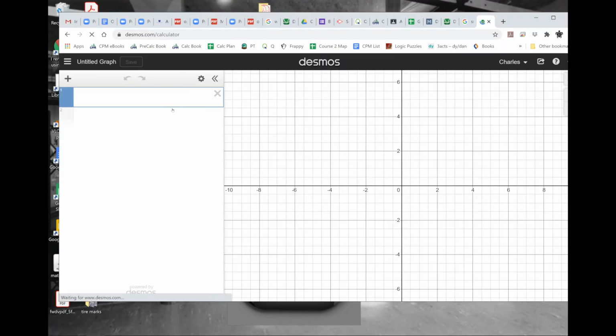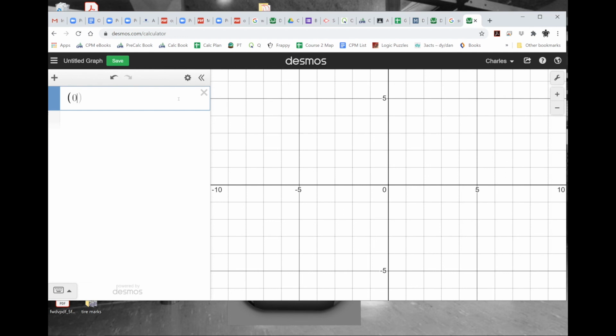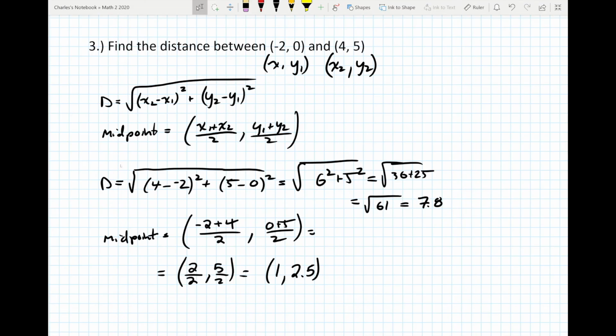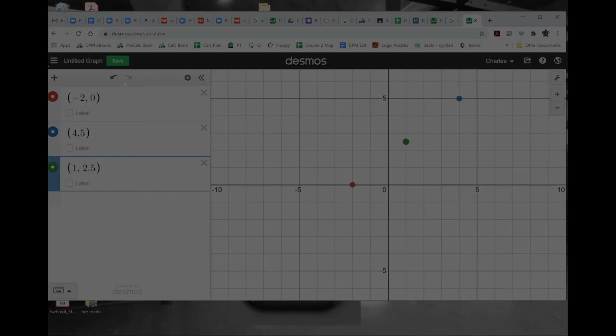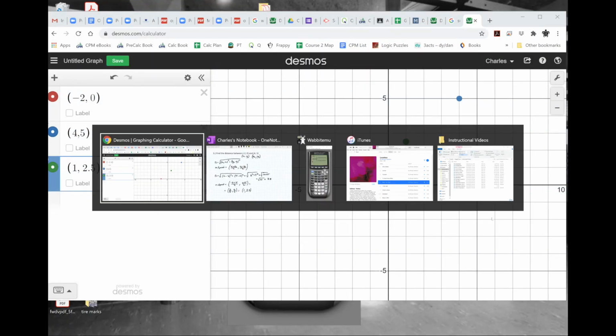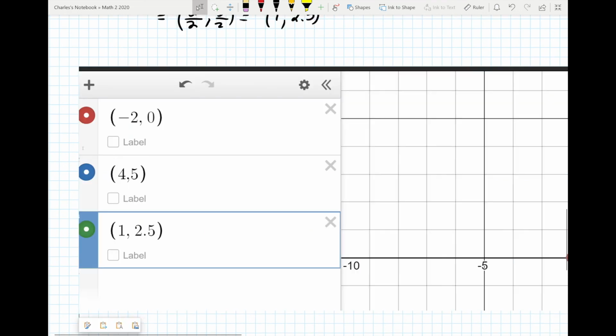So I'm going to put in the points negative 2 comma 0 and 4 comma 5, and then I'm also going to put in the midpoint that I found, which is 1 comma 2.5, and I'm just looking to see if it looks like I'm right. And to me it does.